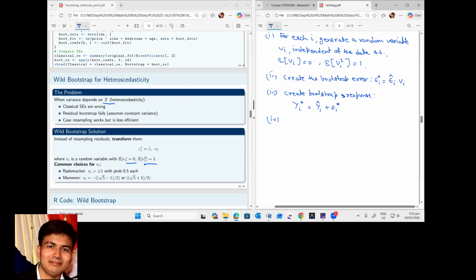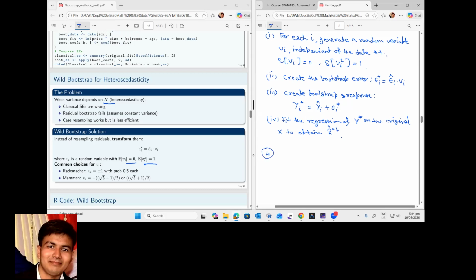And in the fourth part of the third step, fit the regression of y star on the original x to obtain beta cap star b.